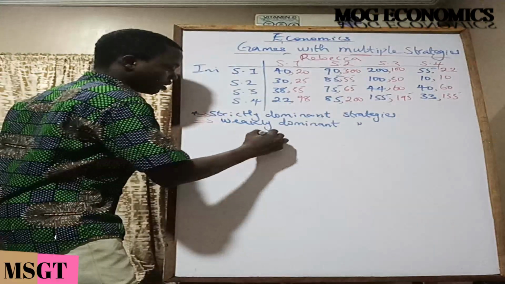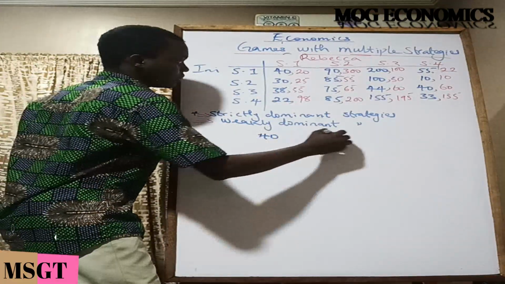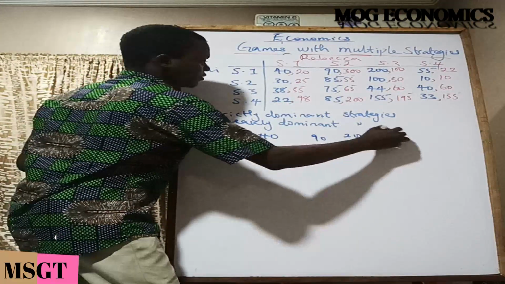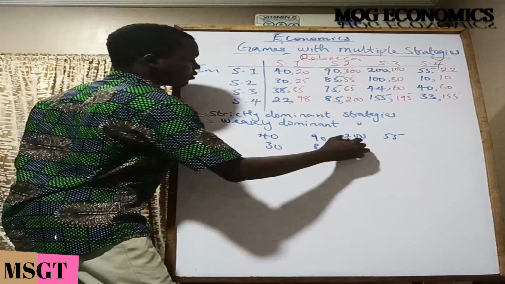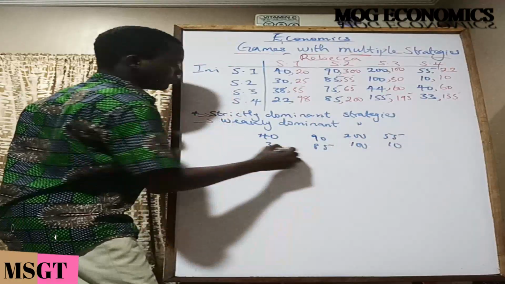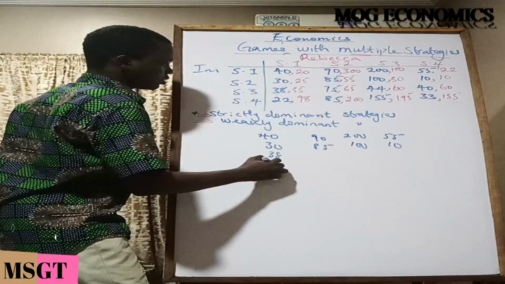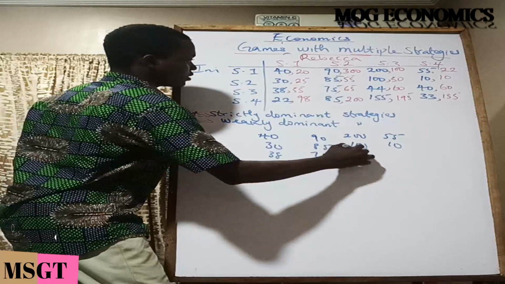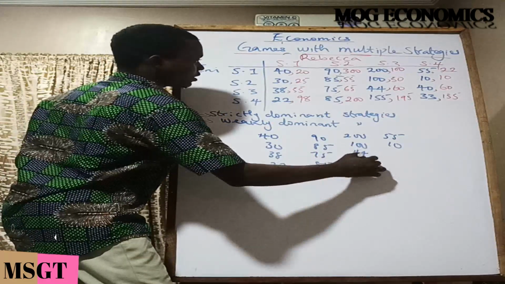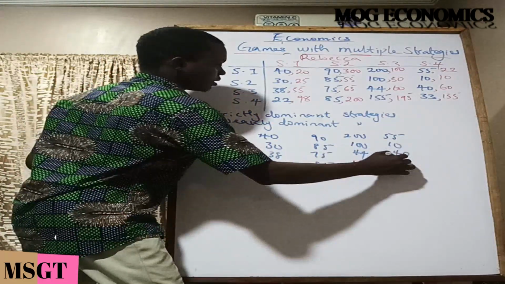So only Ini: 40, 90, 255, 30, 85, 100, 10, then 38, 22, 75, 85, 44, 155, 40, and 33.